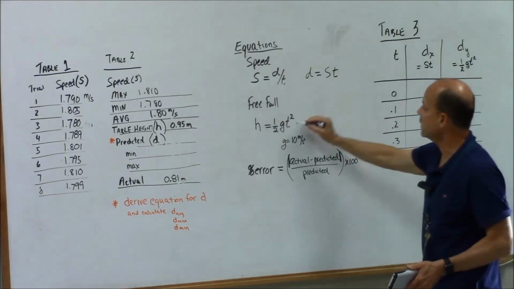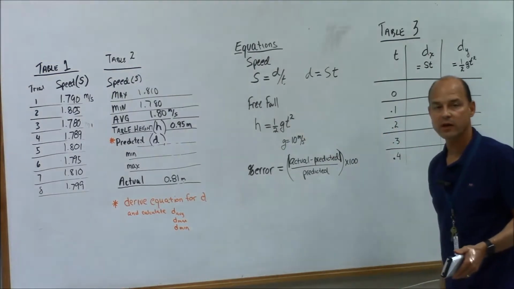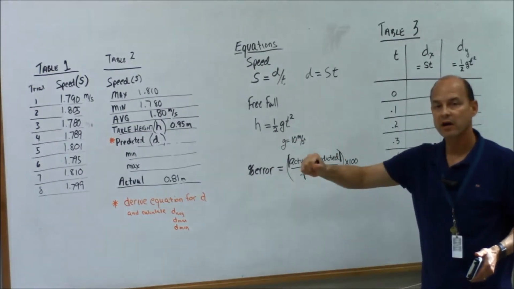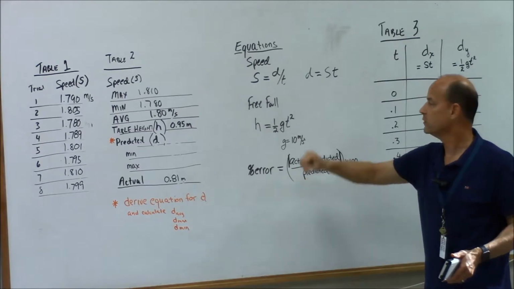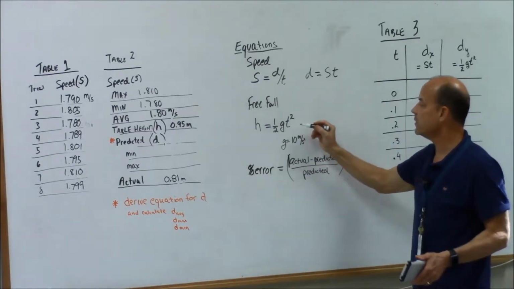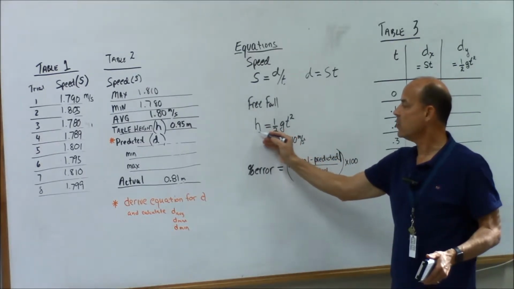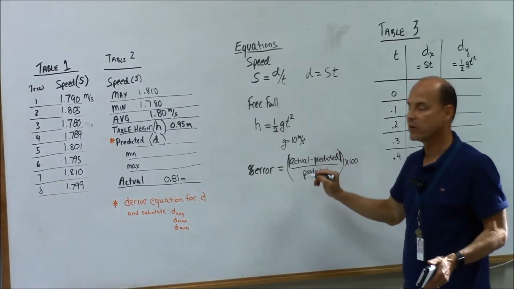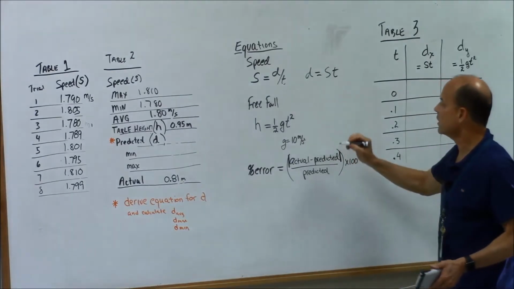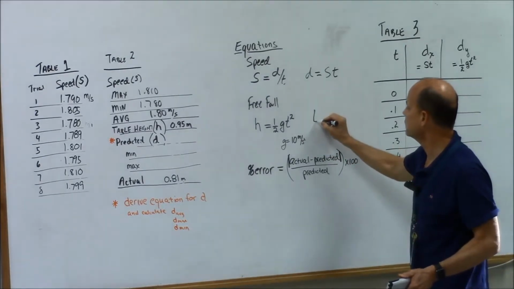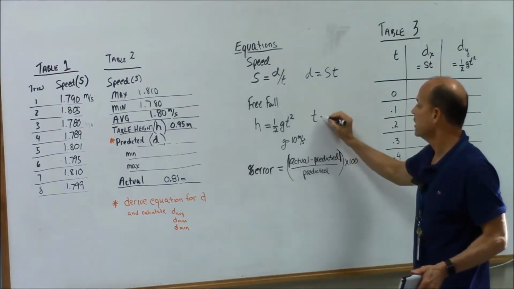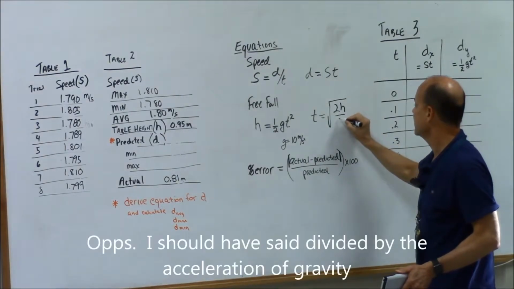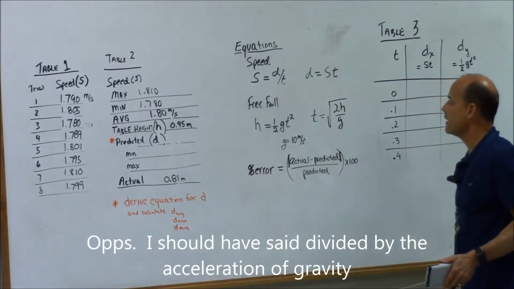Now again, the time comes from this equation. This is my free fall equation, and this says if I plug in a time here, then I know how far the object falls in free fall. But I don't really want that. I know my height. That's the height of the table, and so I want to solve this equation for T. And we've done this a number of times, so this should be recognizable to you, that T is equal to the square root of 2 times the height divided by the acceleration of gravity.